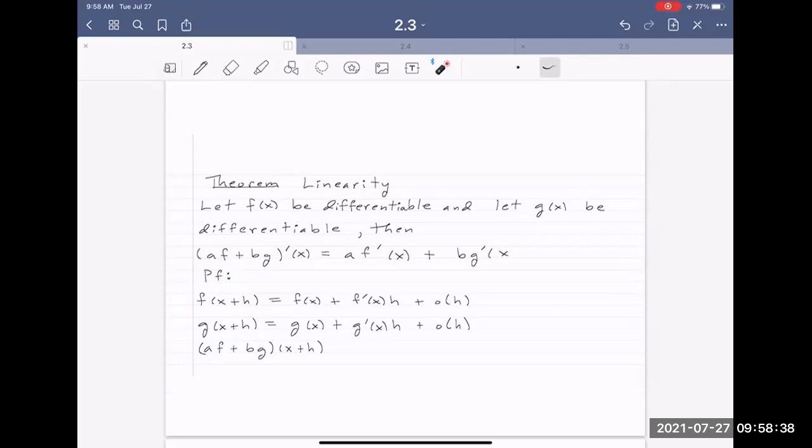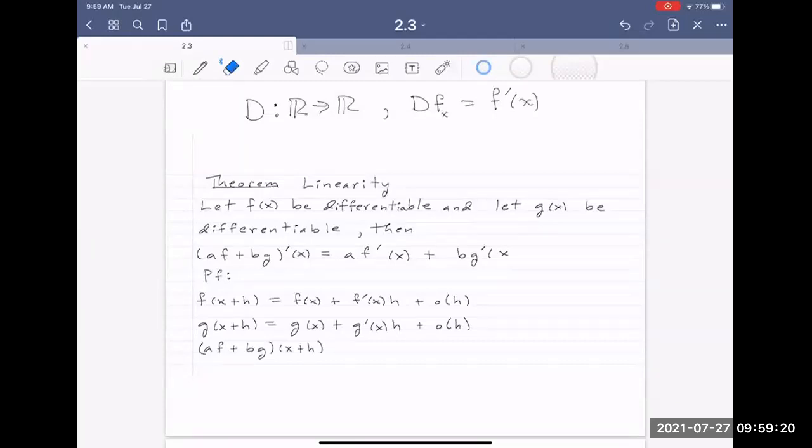So I want to show that the operator D, from the vector space R into the vector space R, defined as the derivative, is a linear transformation.